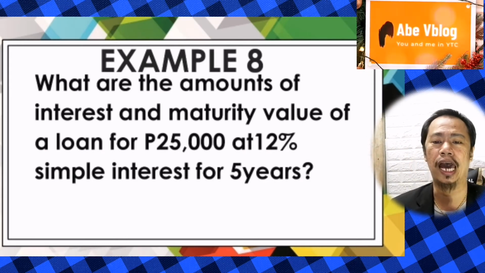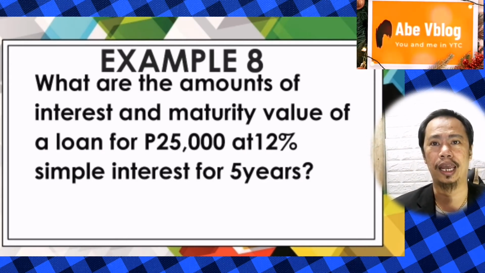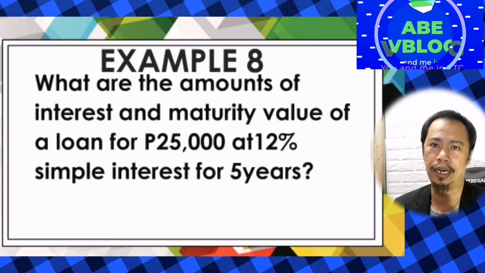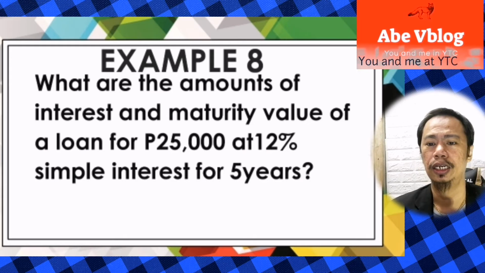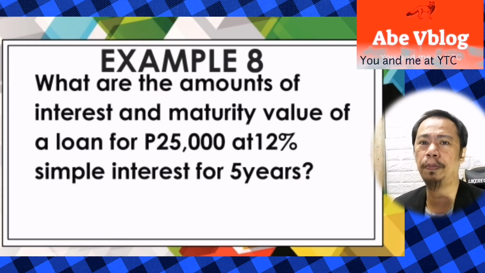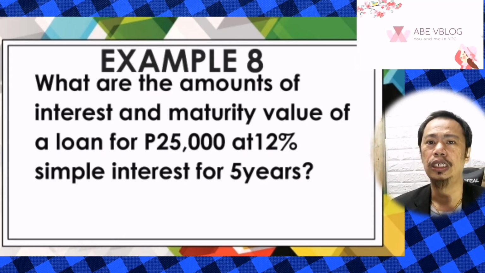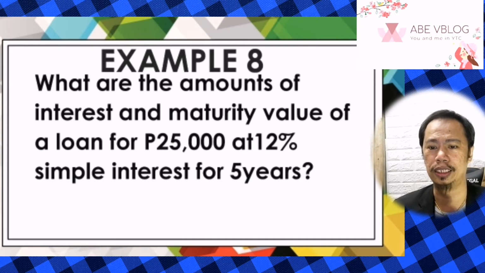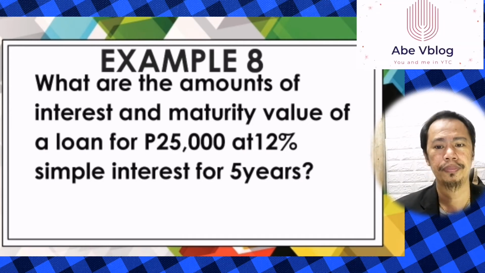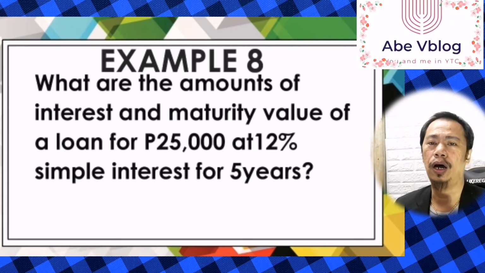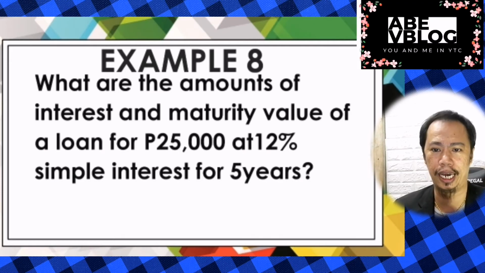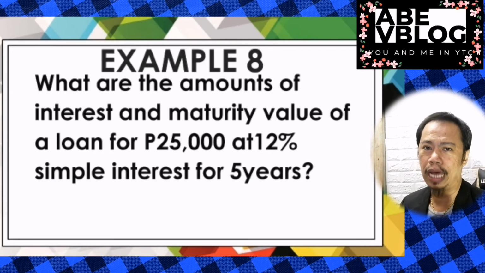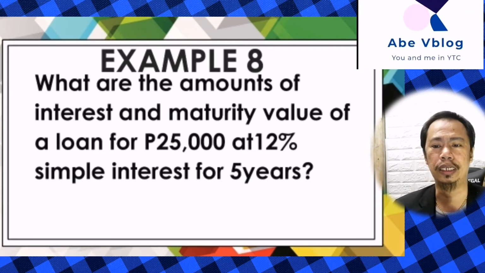So we solve the IS first and then the F to get the future value. Okay? So IS is equal to PRT. So 25,000 times 0.12 times 5. So the simple interest is 15,000. Then we solve for the future value. F is equal to P plus IS. So 25,000 plus 15,000.